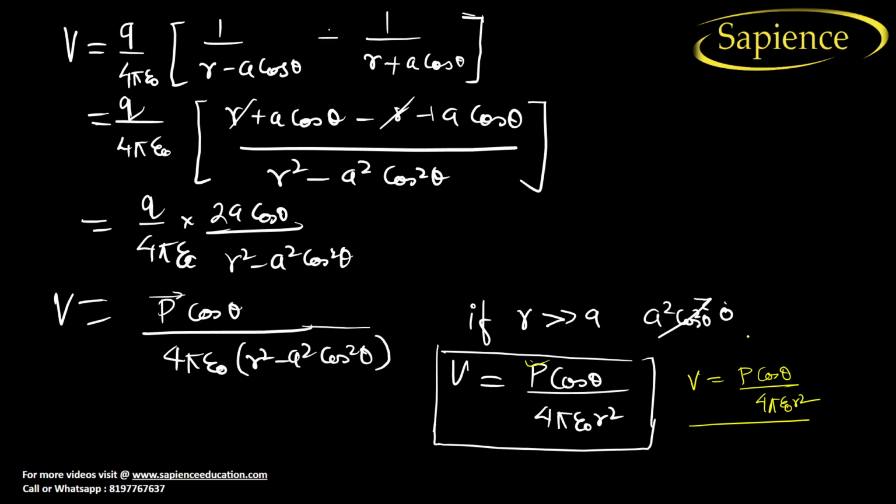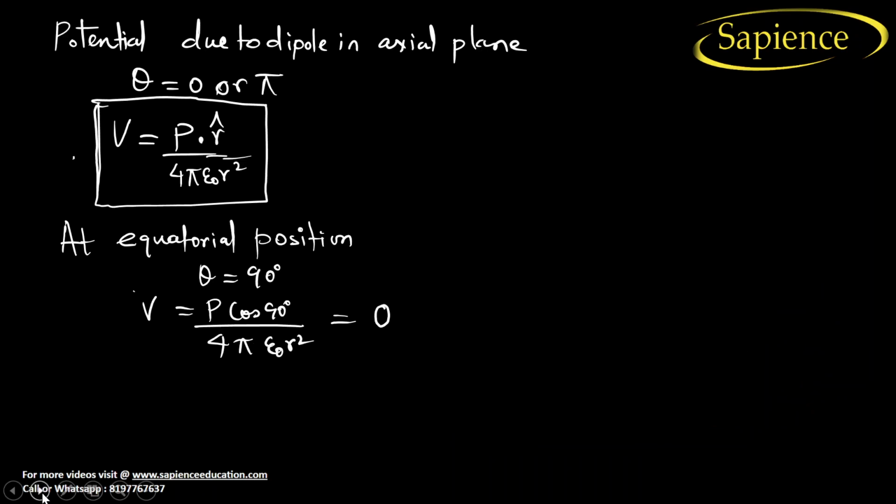Potential is a scalar quantity, so we have not put any direction. So I hope you have understood that the potential at a point P due to a dipole is equal to P cos theta by 4 pi epsilon naught into R square. Okay. Now let us go for the potential due to a dipole in the axial plane and the equatorial plane.